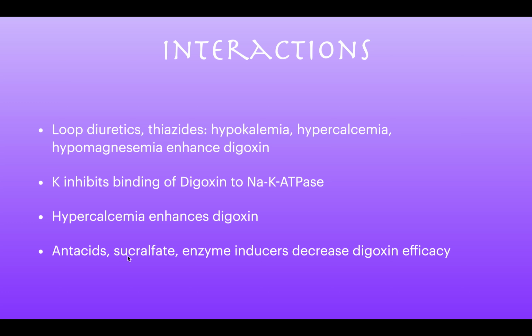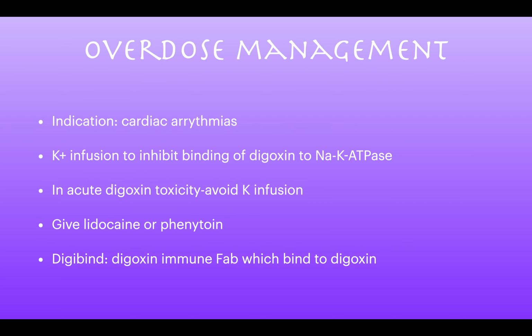Antacids, sucralfate, which is a peptic ulcer inhibitor, and enzyme inducers will decrease the digoxin efficacy, so use in caution. Okay, so in overdose, you want to give potassium infusion just to inhibit the binding.